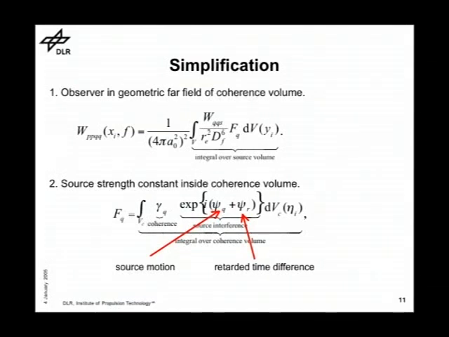This is the coherence, which is a function of axial separation. This is the phase difference due to source motion, and this is the phase difference due to the retarded time differences. So in the following, I will only study this integral, that is, the radiation due to one source element.